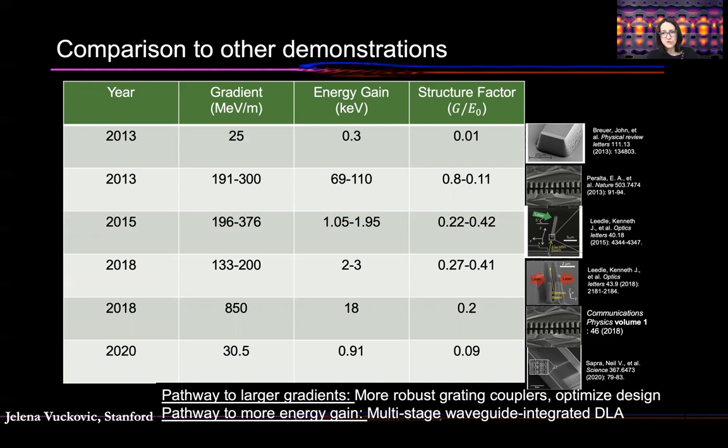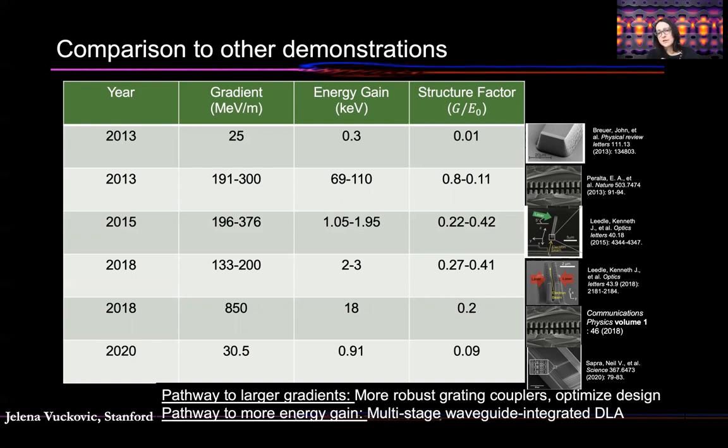It was the same quartz structure, but again, this is not an integrated structure. It's not something that could be scaled. And we could reach the same range of acceleration gradients in our structure with the ability to cascade many stages together. So that's quite exciting. We have a gain of about a kilo electron volt per 30 micrometers.